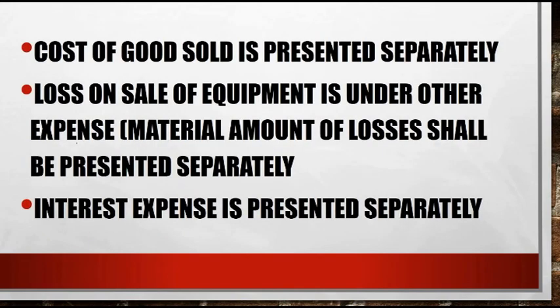And then, cost of goods sold is presented separately. Alam nyo na to, cost of goods sold sa inventory. Loss on sale of equipment is under other expenses. So, kapag medyo nalugi na onte, nagbenta, other expenses din yon.